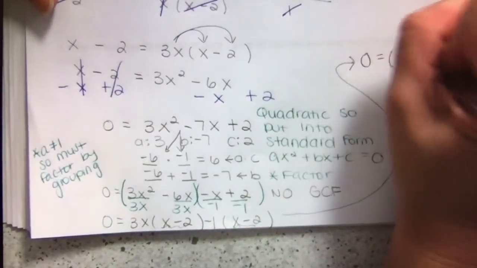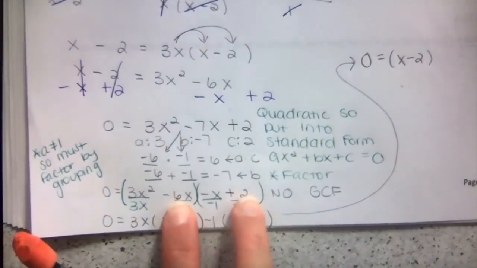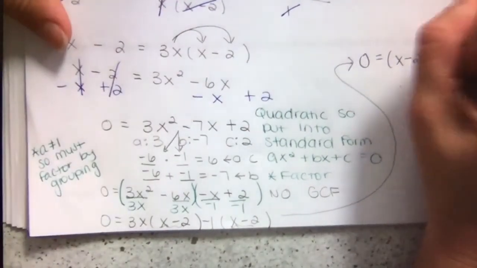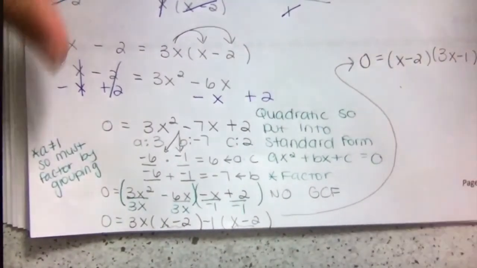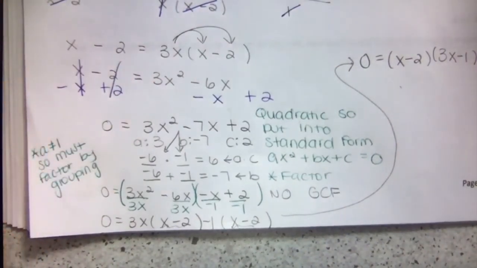That's coming out front. So 0 equals x minus 2. Taking out those x minus 2's, we're left over with our other factor of 3x minus 1. So we have 0 equals x minus 2 times 3x minus 1.